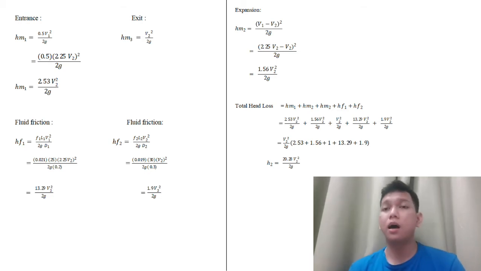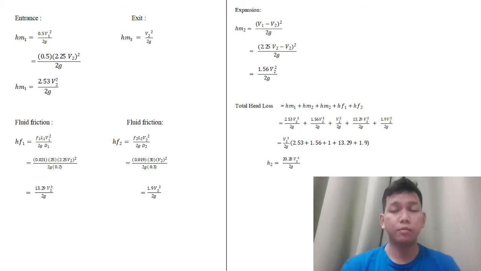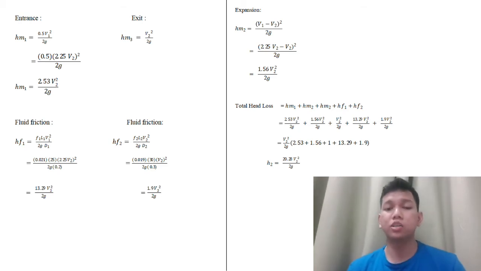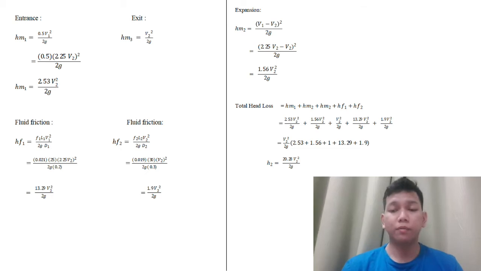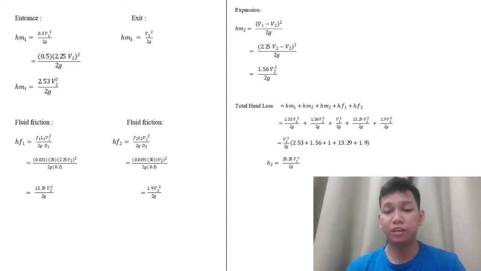For the minor losses, we will start at the entrance. The calculation will be HM1 equals 2.53 V2 squared divided by 2G. And for the exit, HM2 minor loss is equal to V2 squared divided by 2G. And HM3, minor loss 3, is due to the expansion. The calculation will be 1.56 V2 squared divided by 2G.